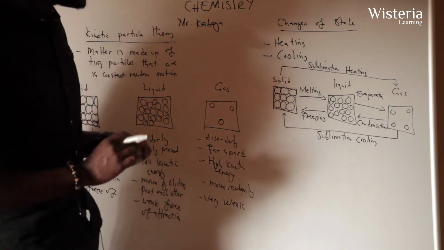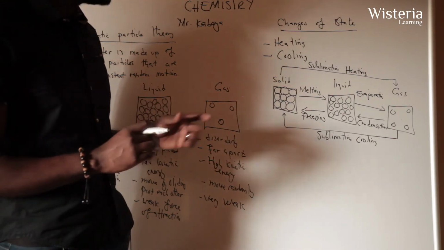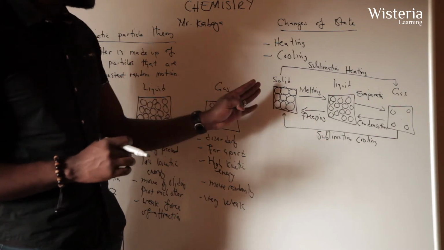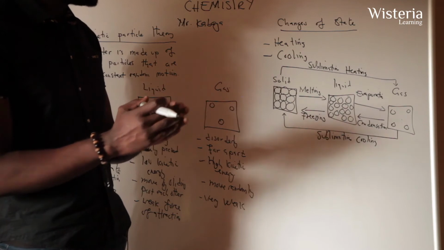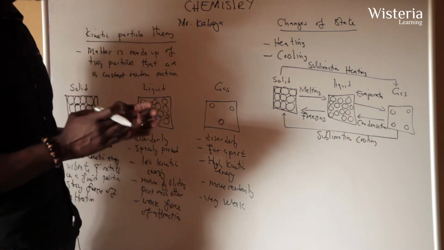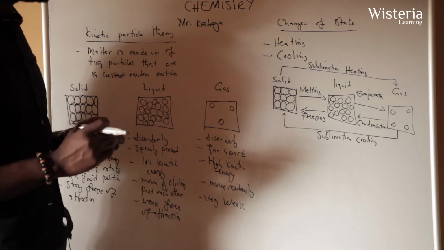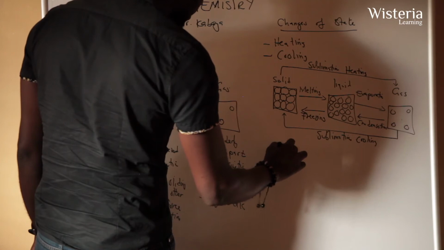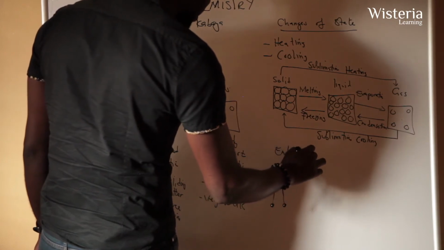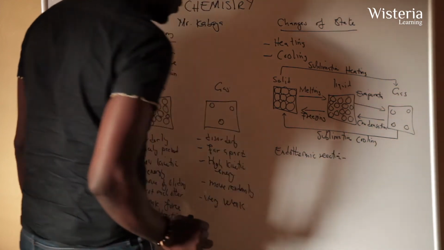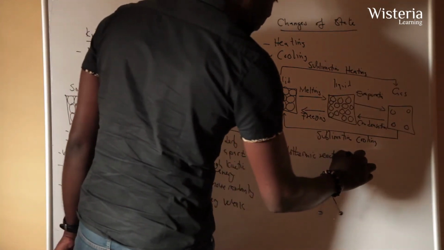So for a substance to melt and to evaporate, a form of energy is being added. Also for a solid to change to a gas, we are adding some form of energy. So in chemistry, a reaction or process that involves the taking in of energy is called endothermic.